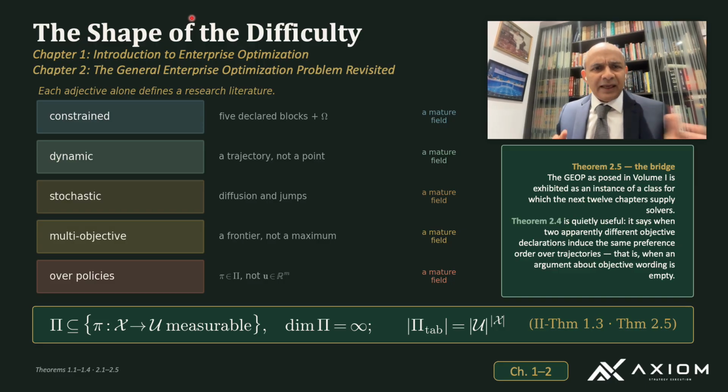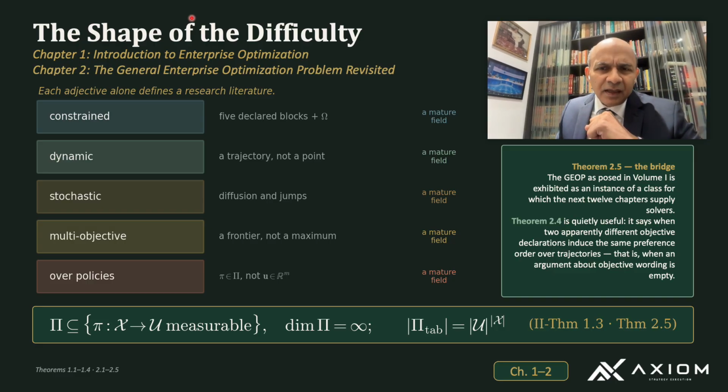So the GEOP is simultaneously constrained, dynamic, stochastic, multi-objective, and posed over a policy class rather than a decision vector. Volume 2 does not pretend to solve them jointly in general. It solves them jointly under structure and separately in generality.